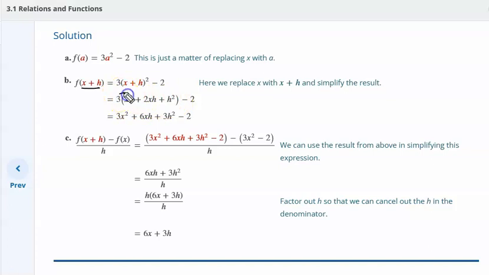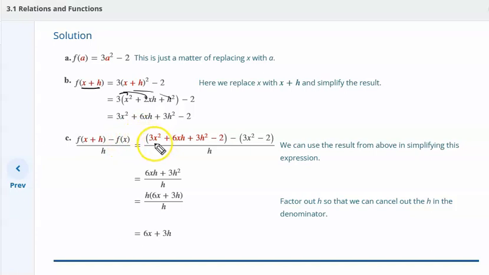We then distribute the 3. We get this new trinomial and just negative 2. So we're substituting whatever is f of something, usually x or some other value. Here it's a, here it's x plus h. And now here is x plus h minus now, where f is just x.